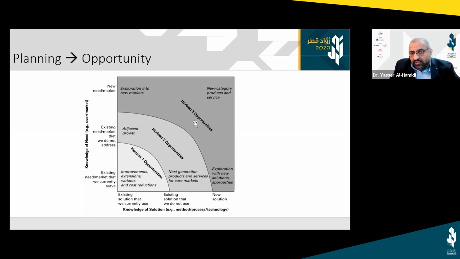As you go up to the horizon 3, in which you are trying to implement a new technological solution, and you are actually targeting a new market for you, so you don't have much information about the market being targeted for your product, then your product falls under the horizon 3 opportunity, which is a high risk, especially for startups.